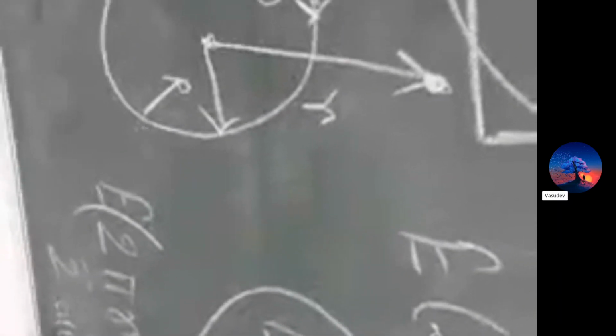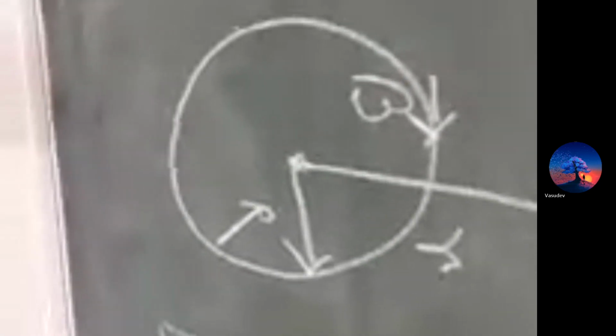E into 2 pi small r, correct? Yes, sir. Is equal to pi R squared dB by dt, capital R. Pi capital R squared dB by dt. If required, a minus. What do we get from here? E is equal to capital R squared by 2r into dB by dt, correct?